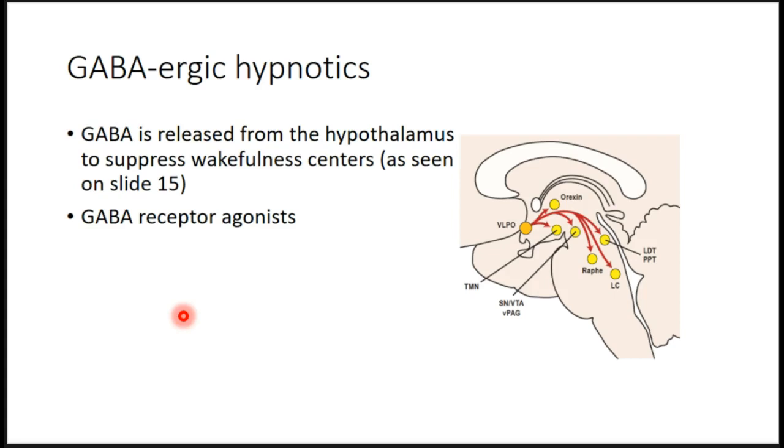Okay, GABA-ergic hypnotics, yay! The examples of GABA-ergic hypnotics are going to be things like Ambien, Lunesta, the commercial names. So just from what it says, what do you think it's going to do? Make you sleep. And here's another slide I took from my sleep lecture.